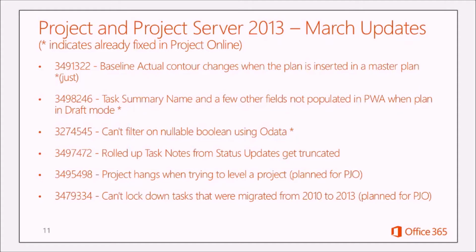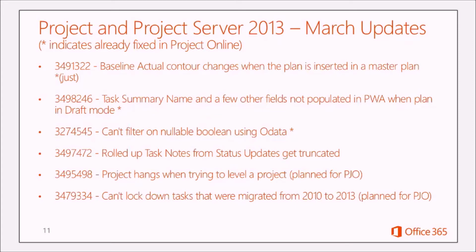Now, since this is a client update, whether you install Project 2013 or you get the Office 365 edition, which is really just a SKU that allows you to install it differently, in that case, you'll get these updates just as a matter of course of installing either your public update or just updating your client.